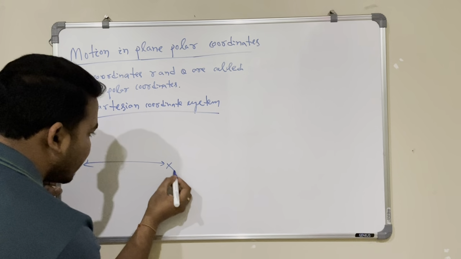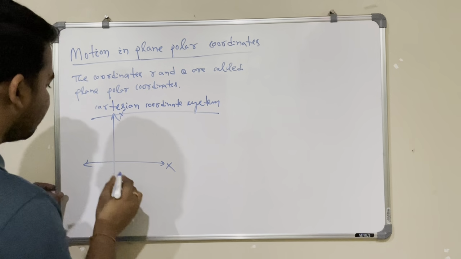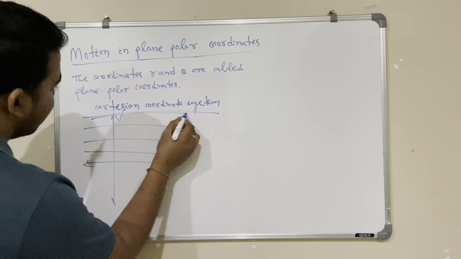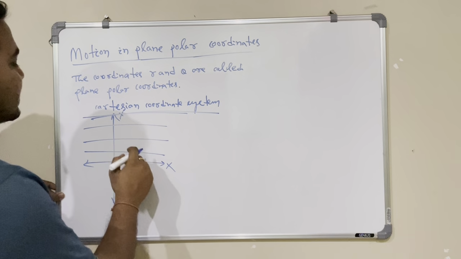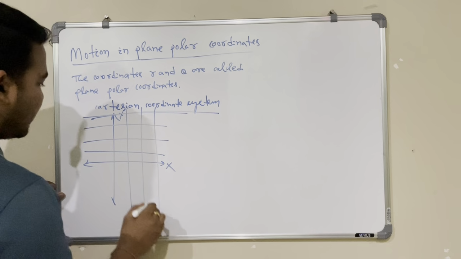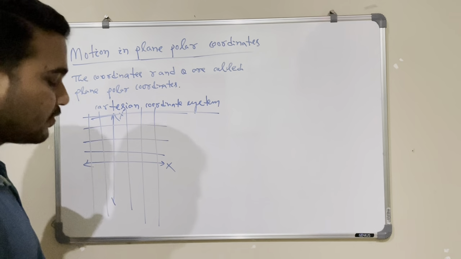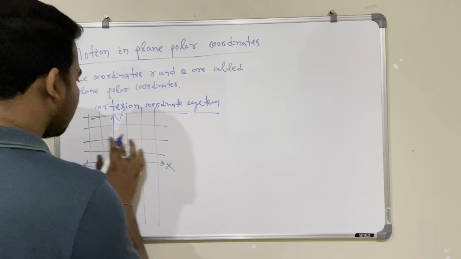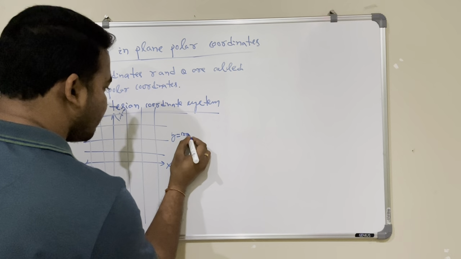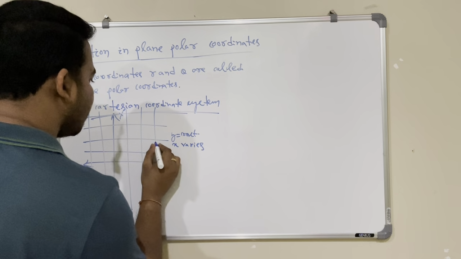Let's say this is the x-axis and this is the y-axis. Constant coordinate lines here are lines parallel to the x-axis, on which y is constant but x varies. Similarly, on lines parallel to the y-axis, x is constant but y varies.